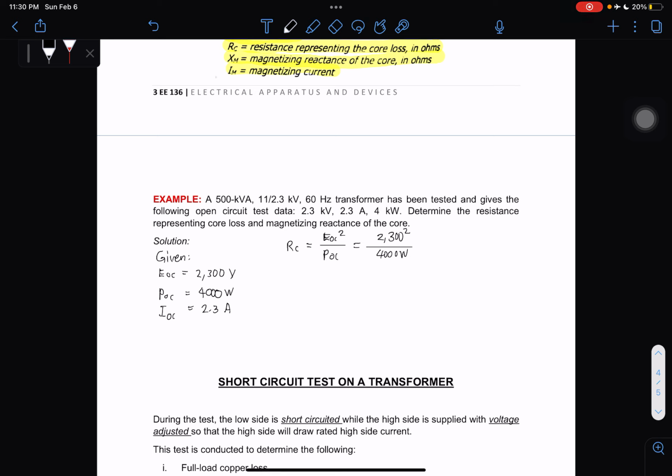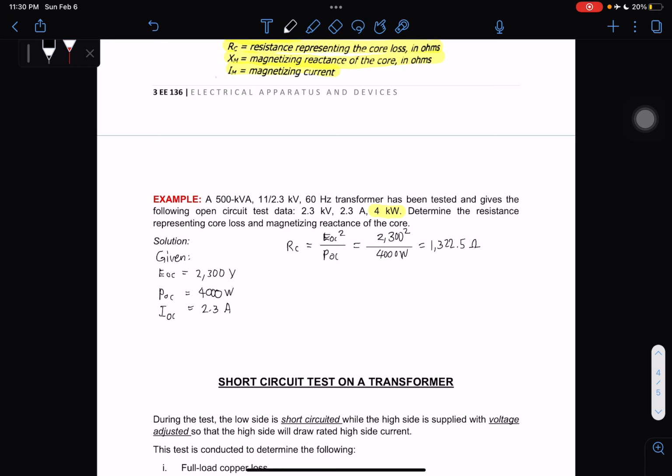Mao ni siya 4 kilowatts, since kilo, we need 4 times 1,000 for our watts. So our answer for resistance representing the core loss is 1,322.5 ohms.